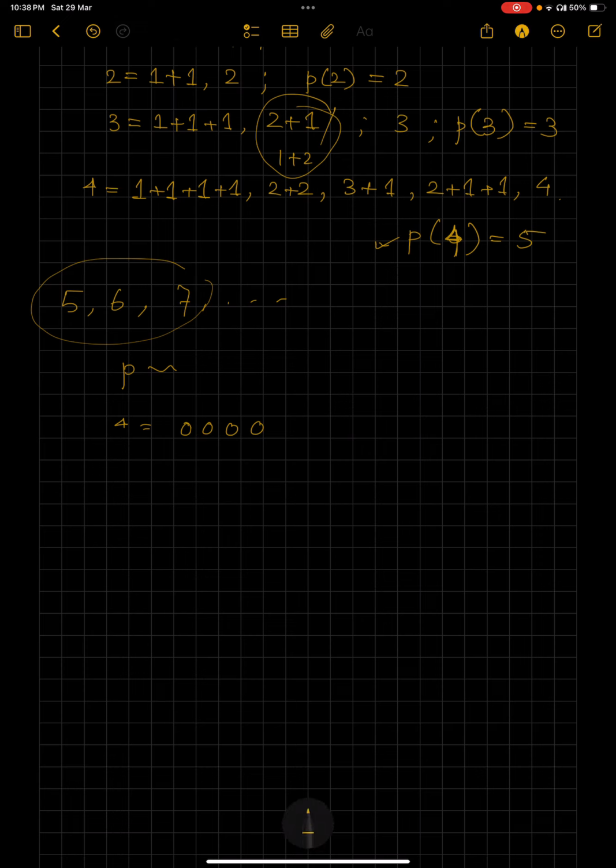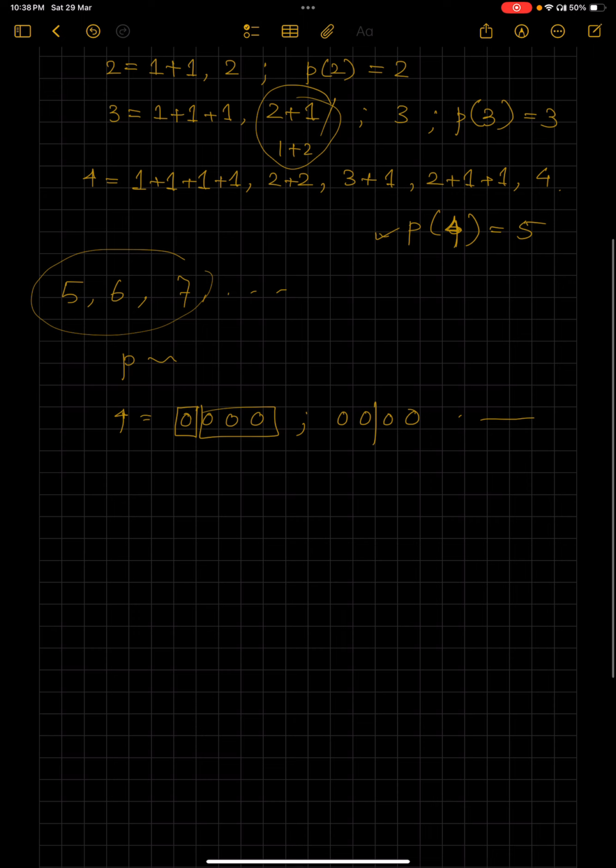So I can divide 4 as 4, and 1 and 3, or 2 and 2, and so on. But using the combinatorial way, it was difficult for me at least. I don't know, maybe somebody can find it. But this is difficult in this way, at least what I found.